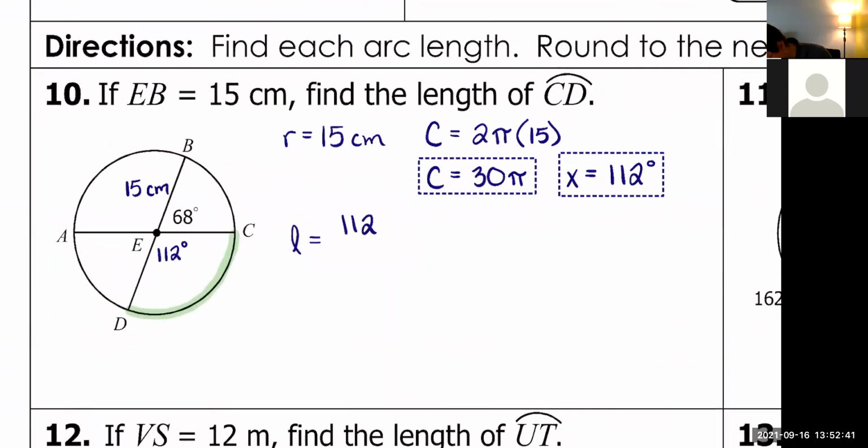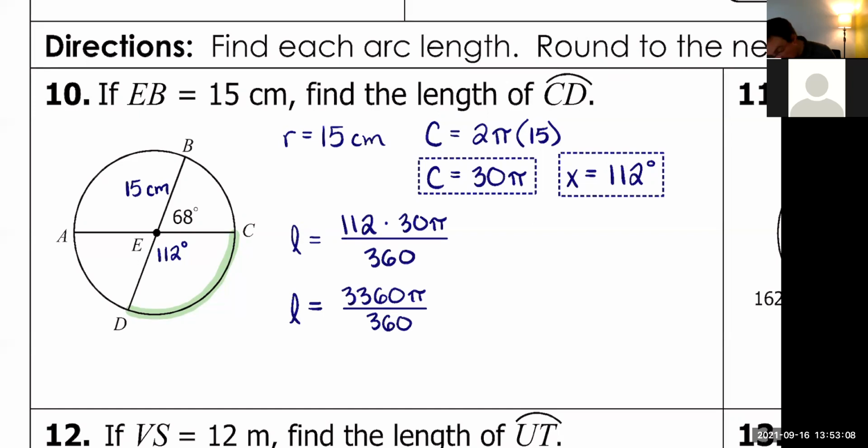So 112 times c, which is 30 pi, divided by 360. I'm going to suggest we simplify it one step further before we grab a calculator and do it all the way. 112 times 30 gives me 3,360 pi over 360.